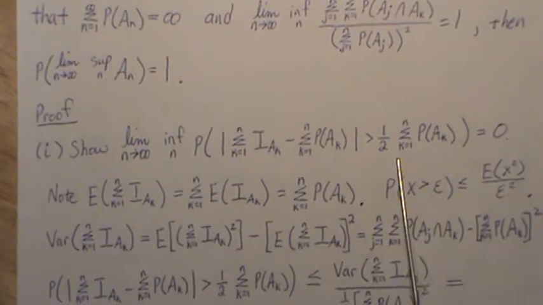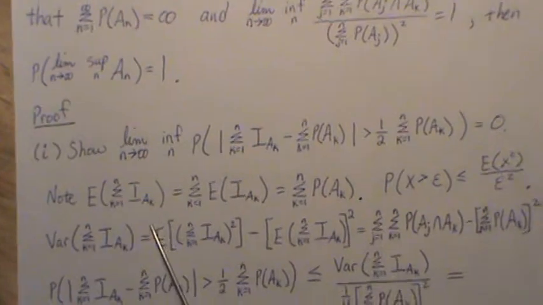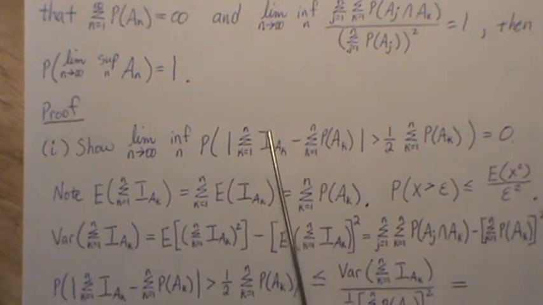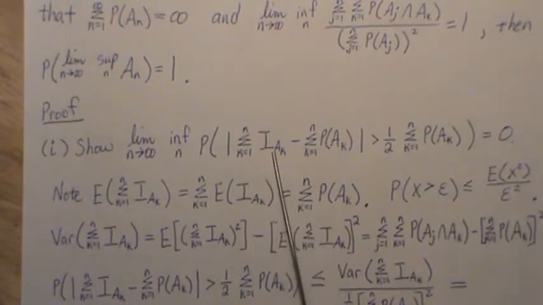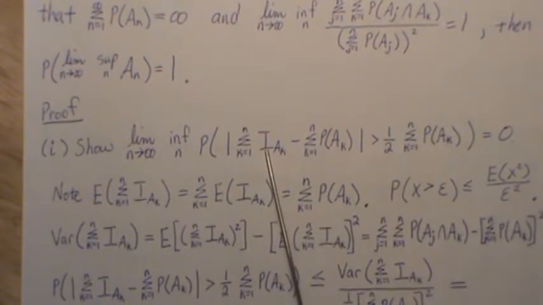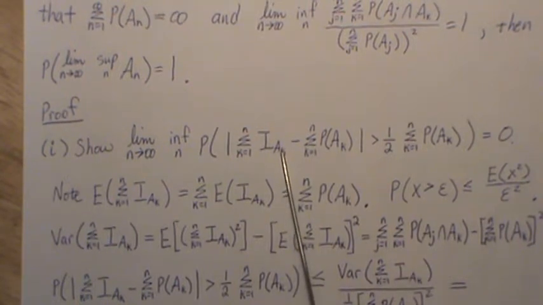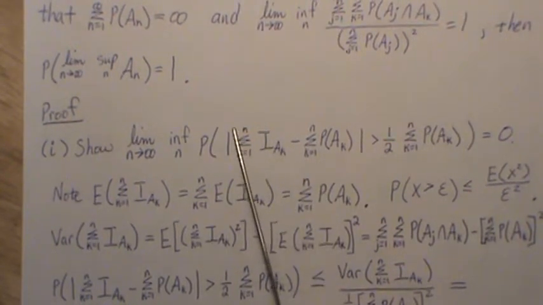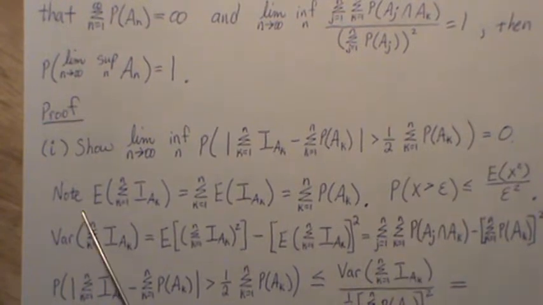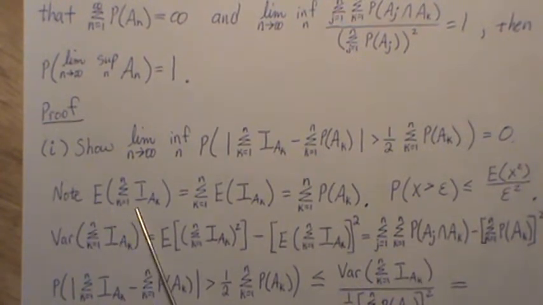A few notes before we start, though. This I_{A_K} is an indicator function that is either 1 or 0, and it's 1 when the event is in A_K. And this is the absolute value. Note that the expected value of this sum, you can take the expected value inside.